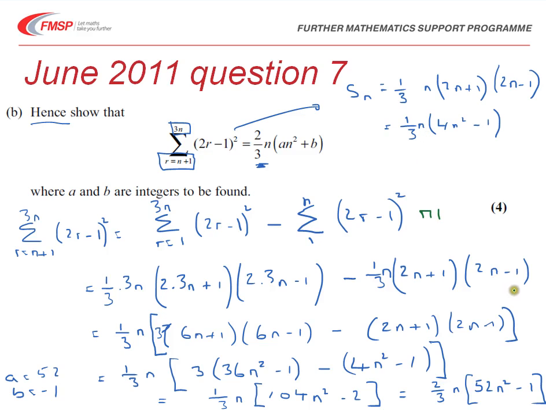There's an accuracy mark for this second line, a method mark, which is what's called a dependent method mark. So if you haven't got the method correct in the first part, then you won't get this one, but factorizing out that 1/3 n, and finally an accuracy mark at the end. So the 4 marks are there.